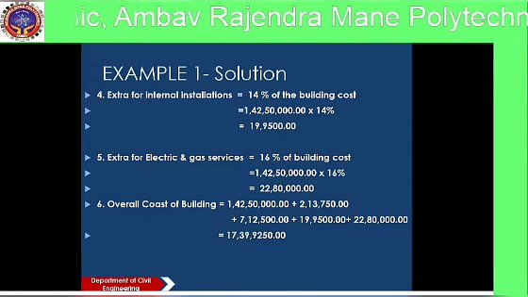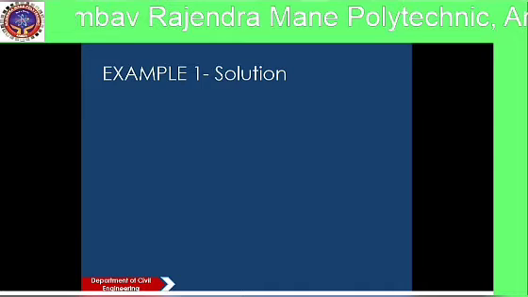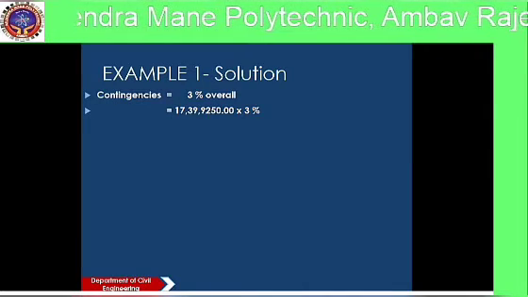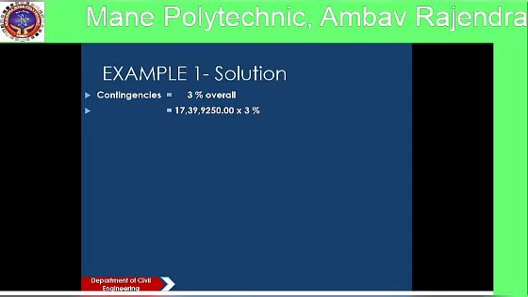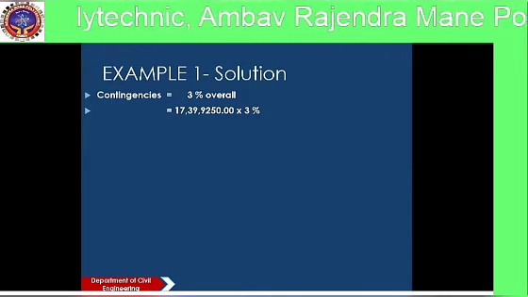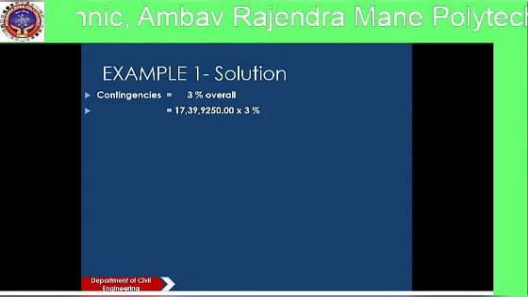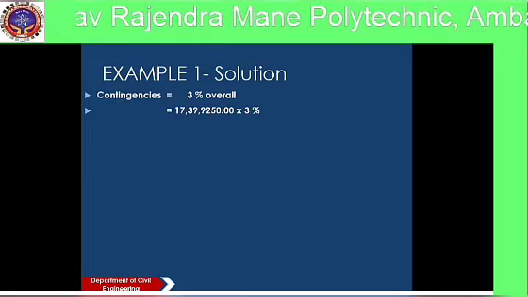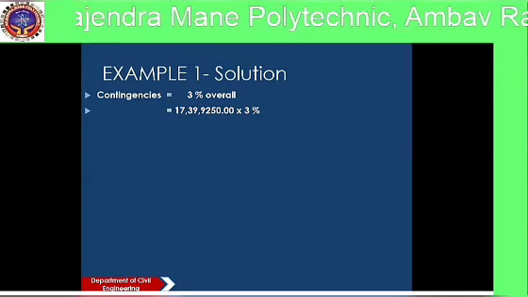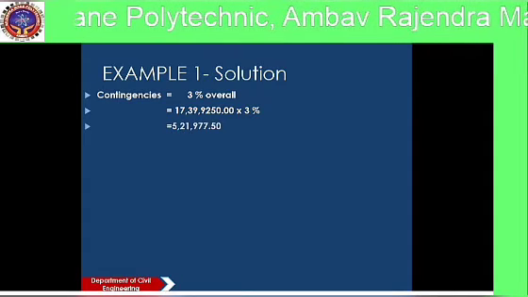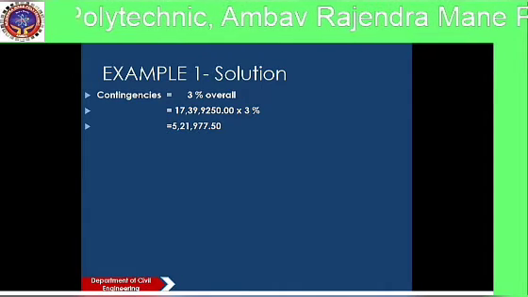Okay, so the contingencies required is equal to 3% of overall cost. So 3% of 1 crore 73 lakh 99,250. It is 5 lakh 21,977.